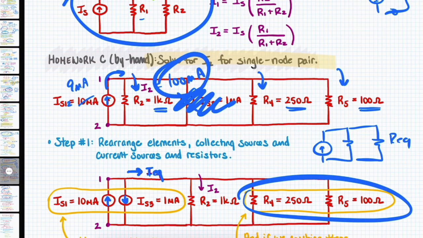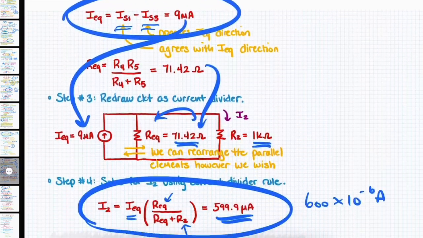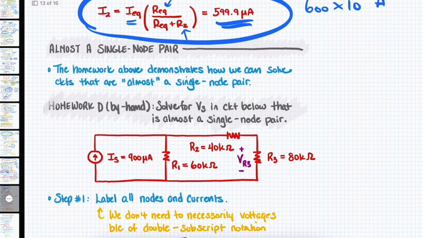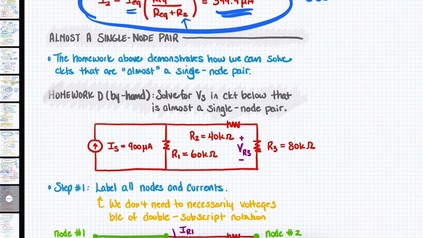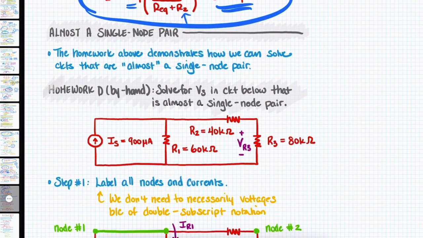There'll be a lot of red flags there because that value is higher than the current we even have coming into the circuit. So as you get more experience with these types of problems, hopefully you can get a better intuition as to what types of answers you expect.